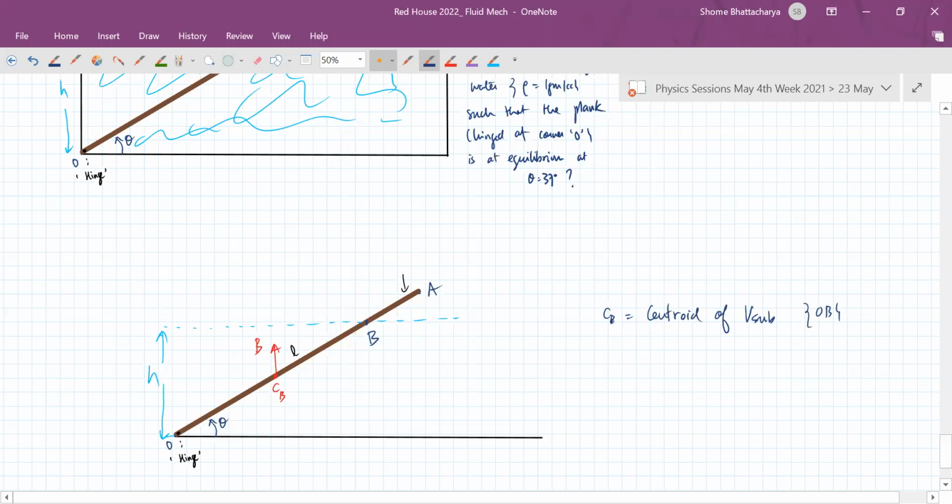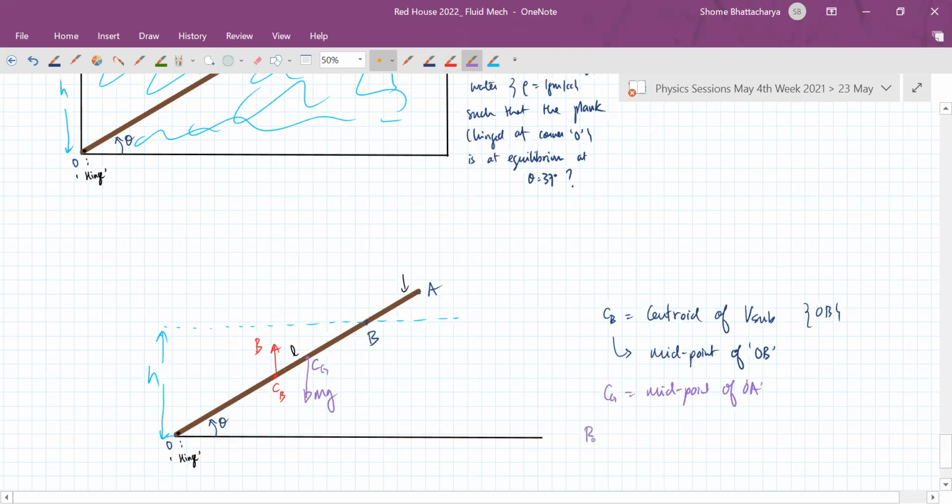So the center of buoyancy will be the midpoint of OB, that part of the length. Whereas the gravitational force will act through somewhere here. The center of gravity will obviously be the midpoint of OA, the centroid of the plank.